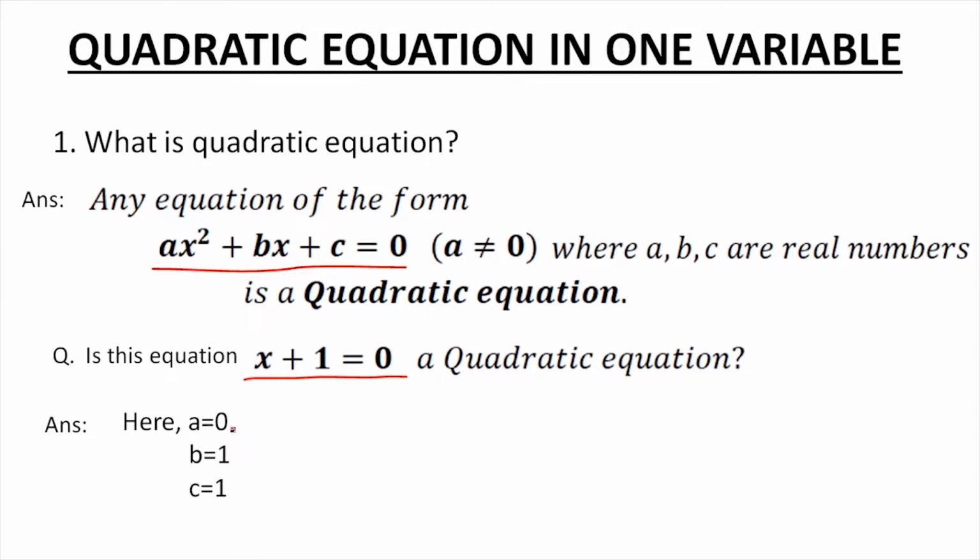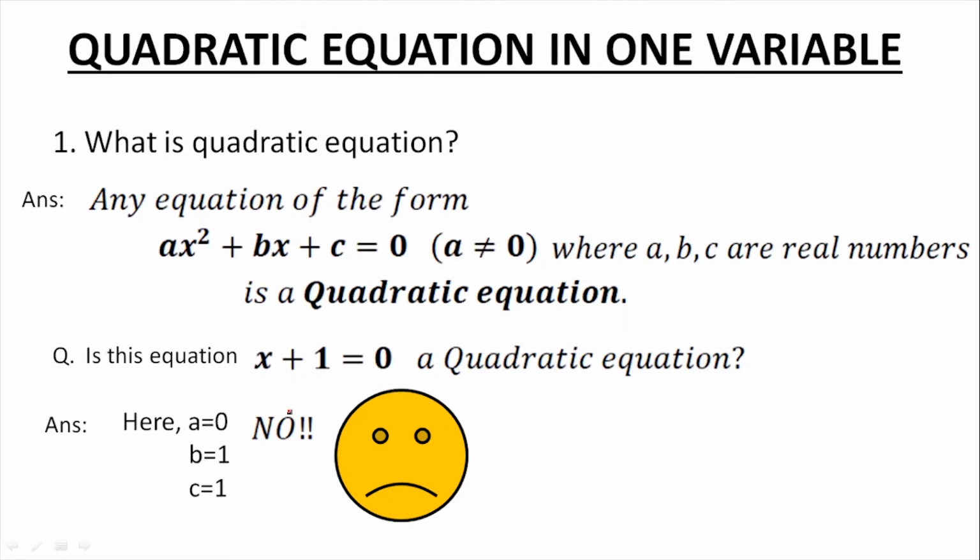No number means it is 1x, so b is 1 and c is 1. These are all real numbers, but the value of a should not be equal to 0, and here it is 0. So this is not a quadratic equation, so the answer is no.